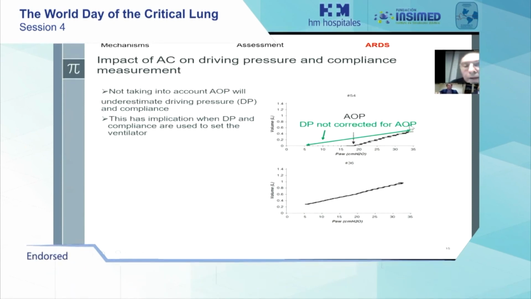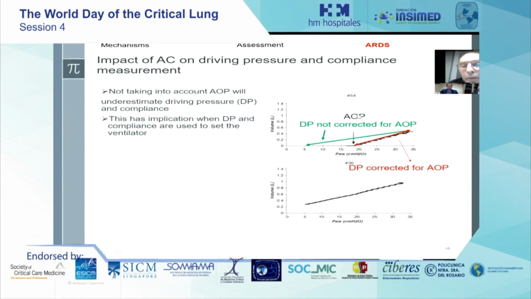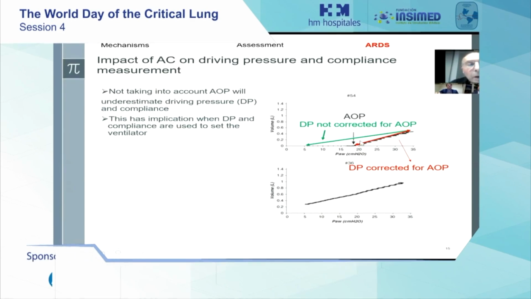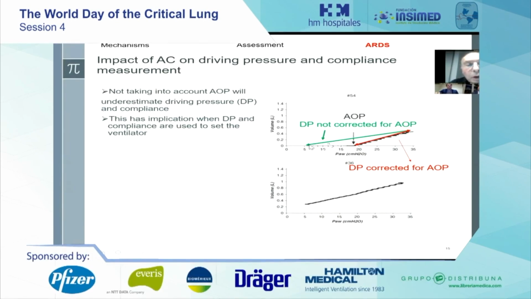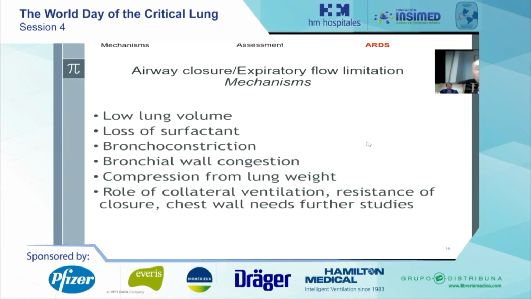By contrast, if you take into account the airway opening pressure, you have the effective driving pressure corrected for the airway opening pressure. You can see that if you don't take into account this AOP, you are going to underestimate both the driving pressure and the compliance. And this has implications when you use the compliance or the driving pressure to set the ventilator.